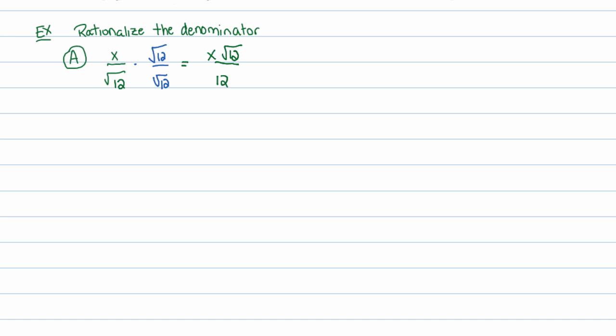Remember, you should always simplify your answers, so in the numerator, the square root of 12 is the same thing as square root of 4 times the square root of 3, and the square root of 4 is the same thing as 2, so we have 2x root 3 over 12, or in other words, x root 3 over 6.